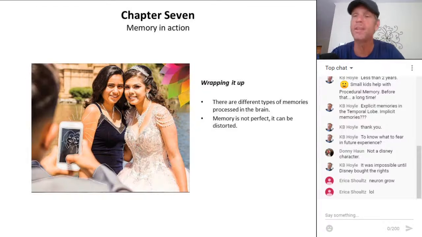I suggested to you that implicit memories are different, that they don't need to be called into conscious awareness. And classical conditioning and procedural memory are two forms of implicit memories. And then, as I suggested to you, memory is not perfect. It can be distorted, and I'd like for you to be familiar with these several distortions that we talked about this week. All right, that's all I have to say this week.